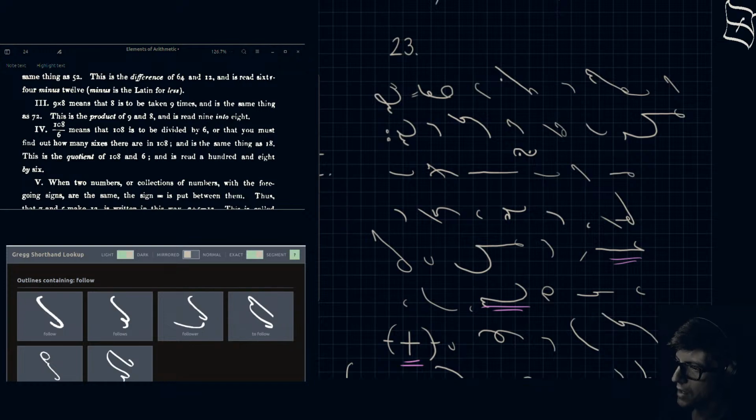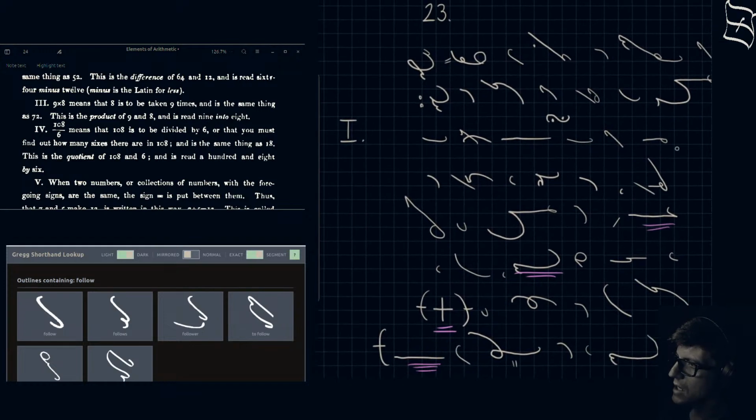Okay? And now we go back here to our pointer and we say, when two or more quantities are joined, the result is called the sum. The symbol of addition is known, and I'm pretty sure that's known, but I need to check it again.